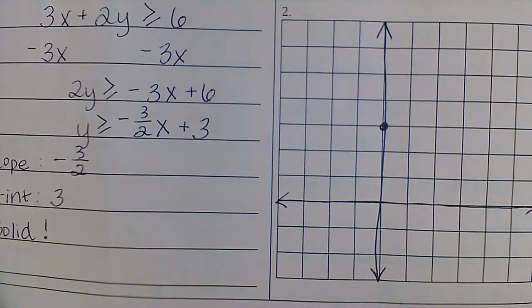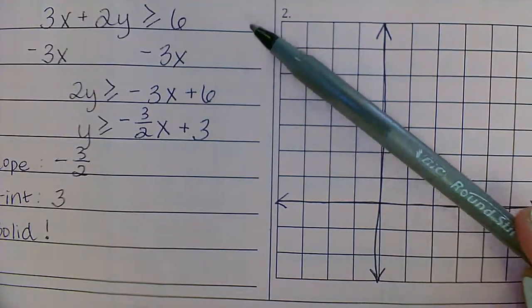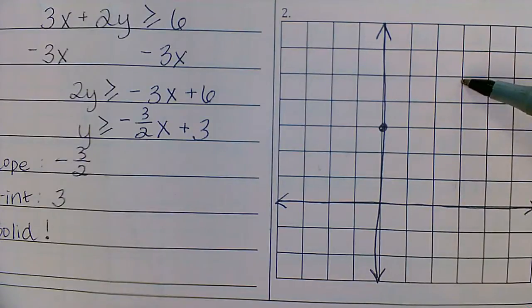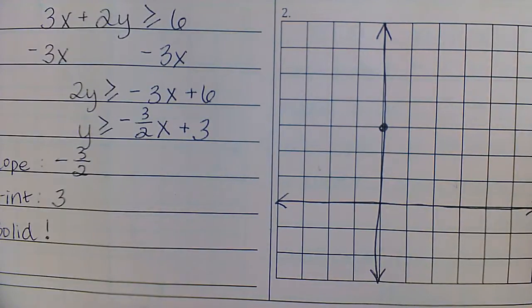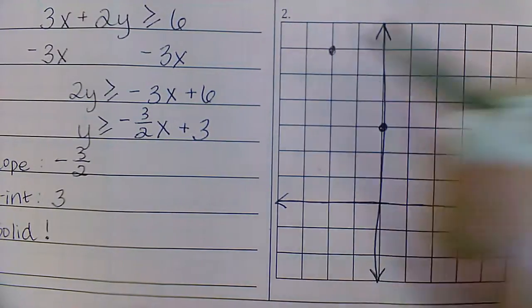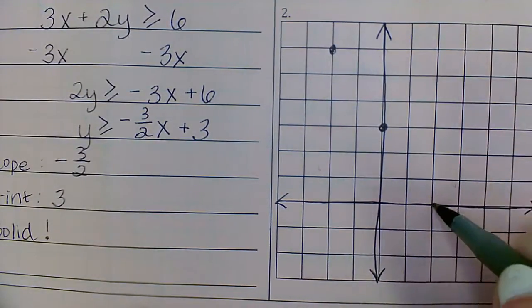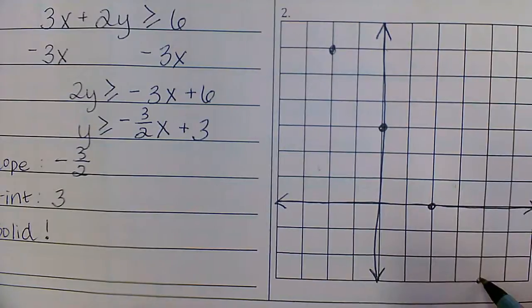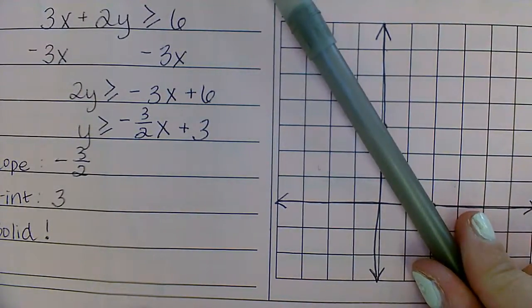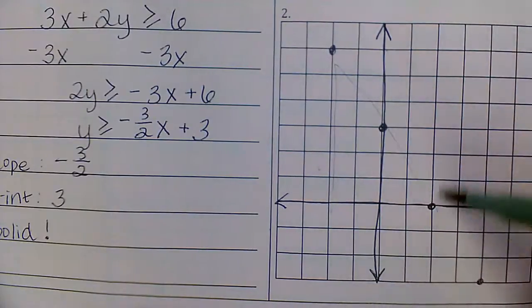So remember that means my line needs to be going in a negative direction, so that I can create the letter N with the line. So if I have negative 3 over 2, rise 3 over 2 in the negative direction, 3, 2 in the negative direction, 3, 2. Okay? Remember, if I connect those, it'll create the angle of an N for negative.